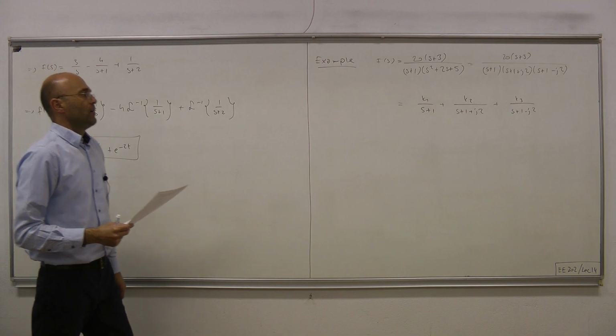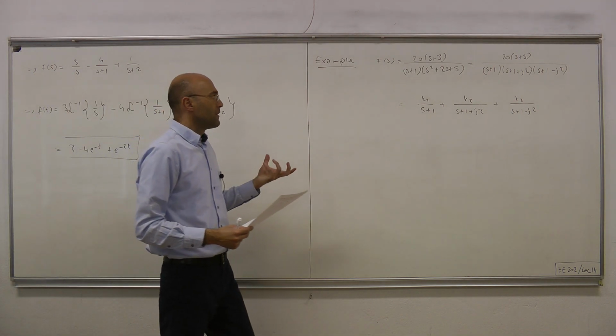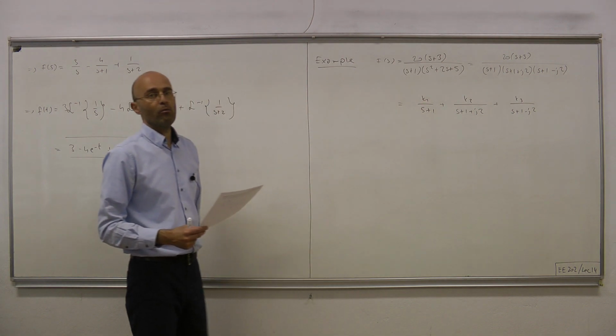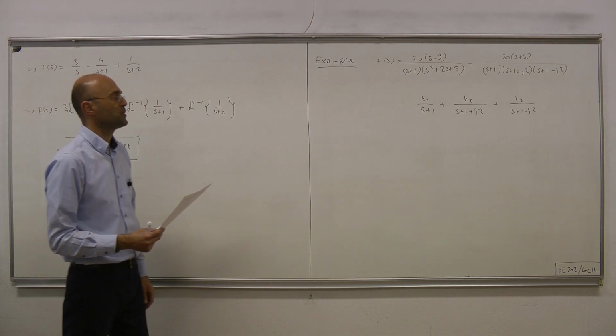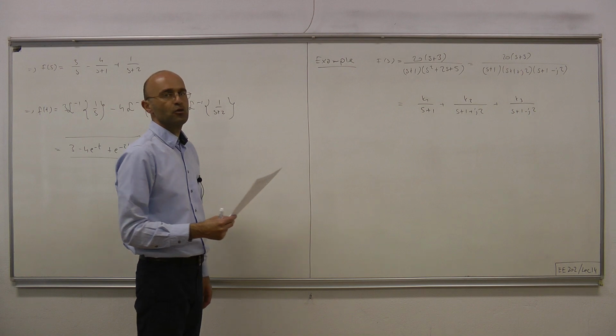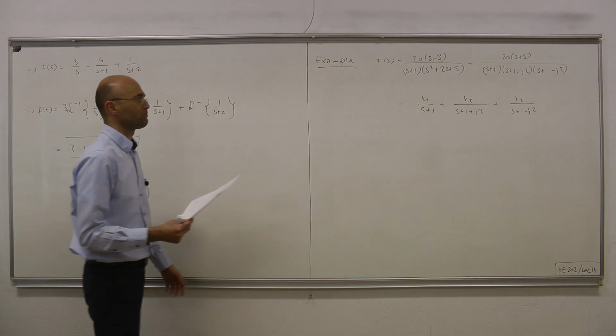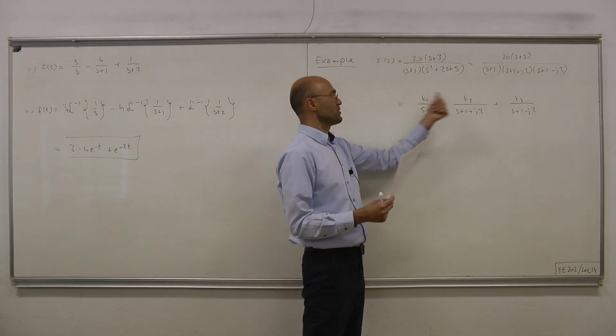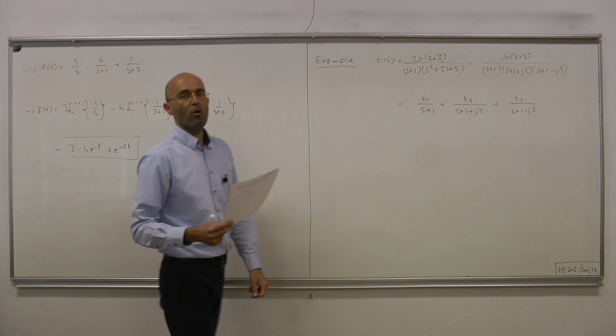Now the procedure applies equally well to the case where you have complex poles. Therefore, it's easy to compute k1, k2, and k3. But we expect some complex numbers as our residues, whereas previously they were all real because the poles were real.